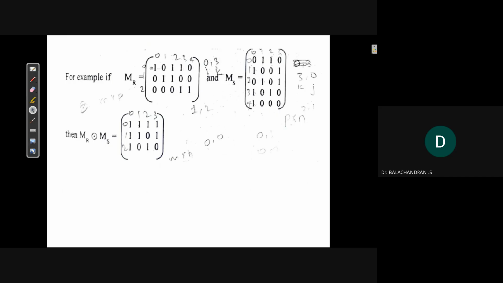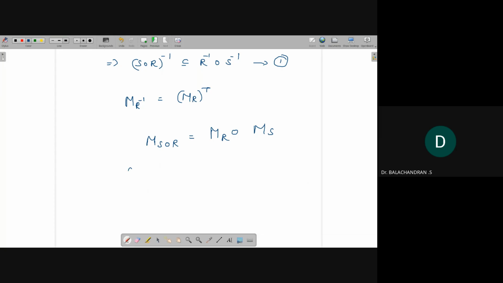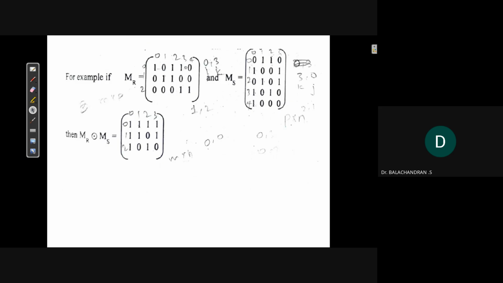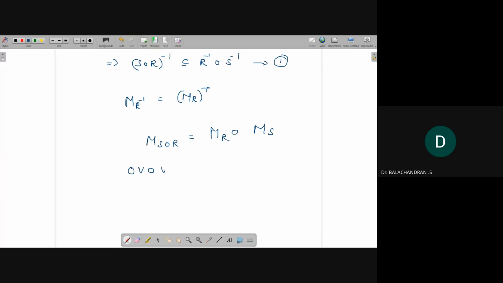So the first row, I'll explain to you. If you take this row and this column, it means 1 into 0. Okay, 1 into 0 is 0, and then 0, 1 means 0.